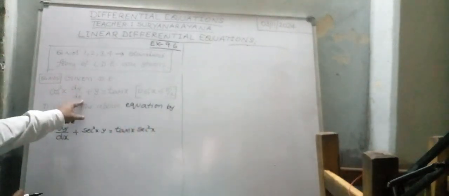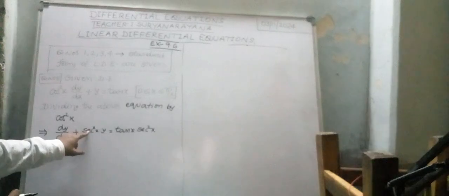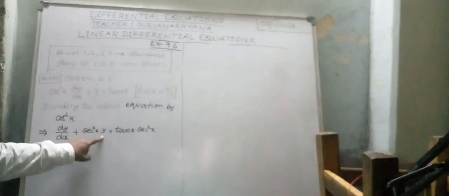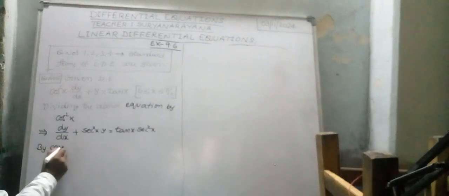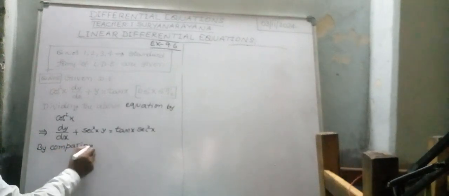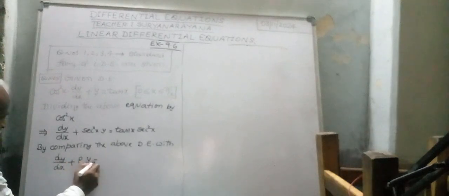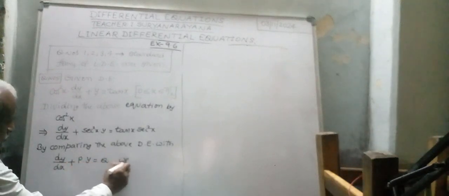Now the given linear differential equation is converted into the standard form, dy by dx plus p into y is equal to q. By comparing the above differential equation with dy by dx plus p into y is equal to q, tell me what is p here?